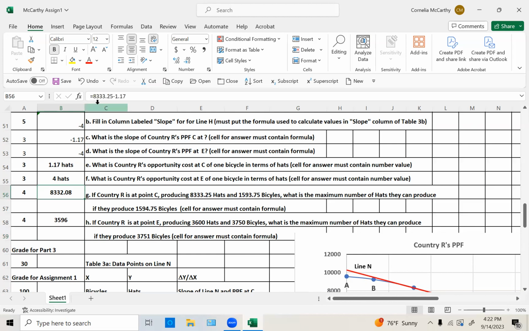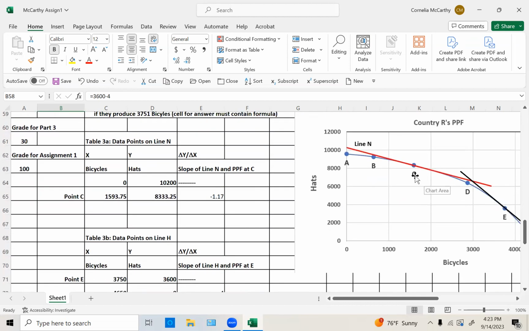So we use a formula of the coordinate of hats at C minus the opportunity cost. That gives us the maximum number of hats when we've added one more bicycle. This is going to be the maximum number of hats when we start out at point E and increase the production of bicycles by 1 unit. Again, both of these values are talking about what change is required to stay on the production possibility frontier when you've changed the bicycle production by 1.